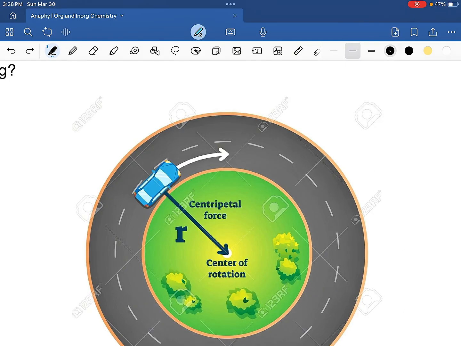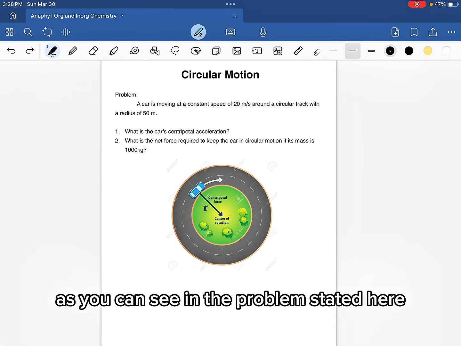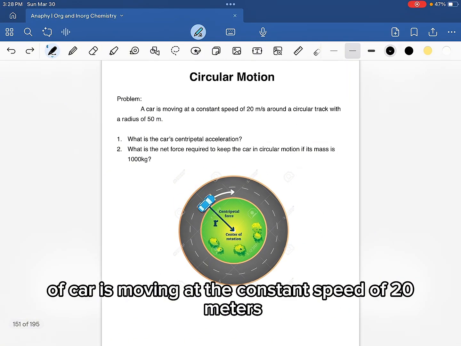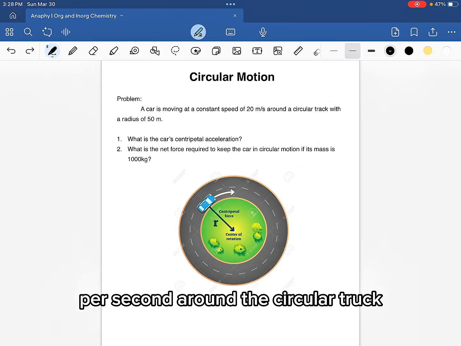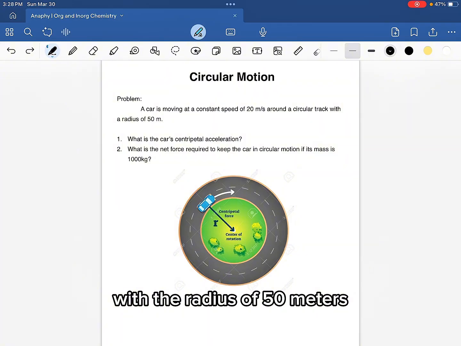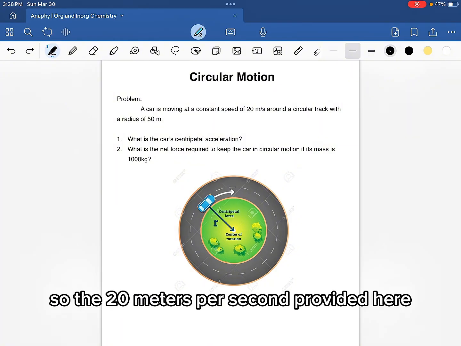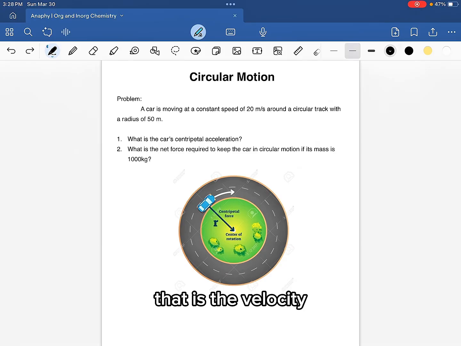Now, as we can see in the problem stated here, a car is moving at a constant speed of 20 meters per second around a circular track with a radius of 50 meters. So the 20 meters per second provided here is the velocity.